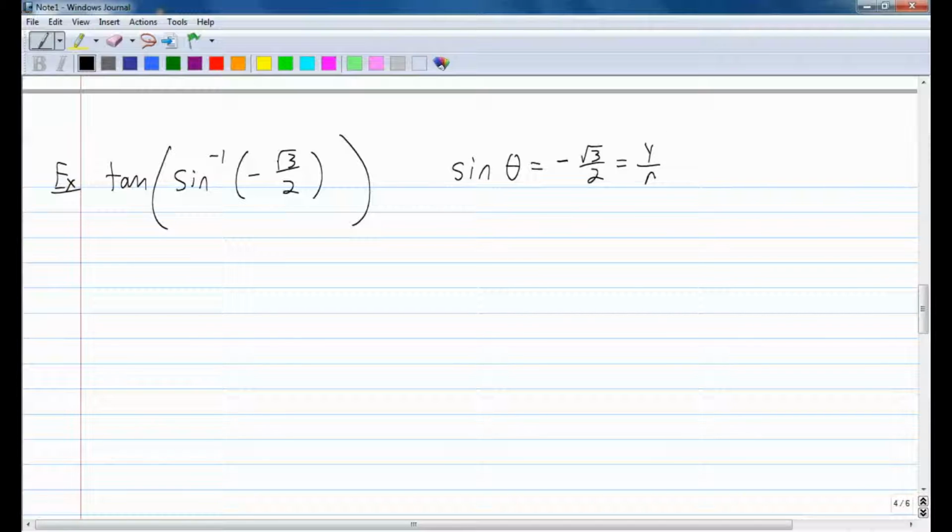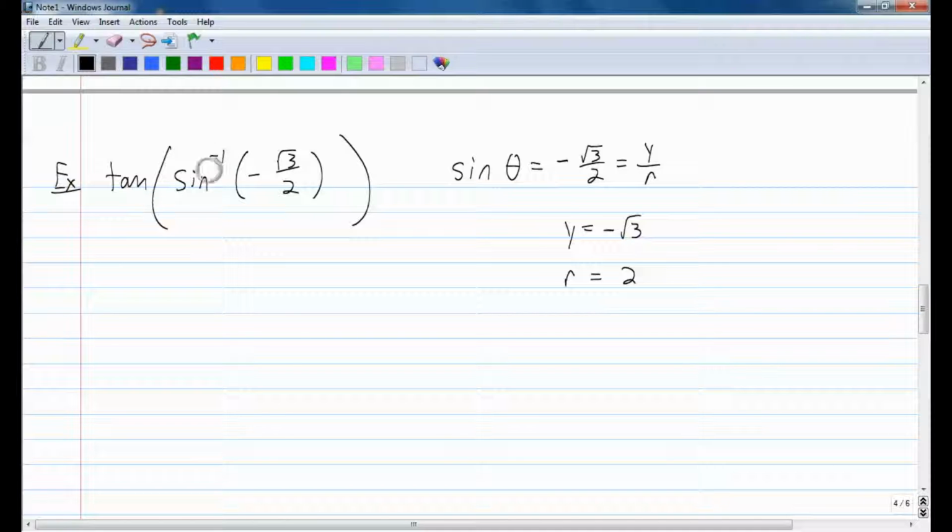So that would mean that y equals negative square root of 3, and r equals a positive 2. R stands for radius, so it will always be positive. So if there's a negative in your problem, it always goes with the numerator, which will either be y or x.